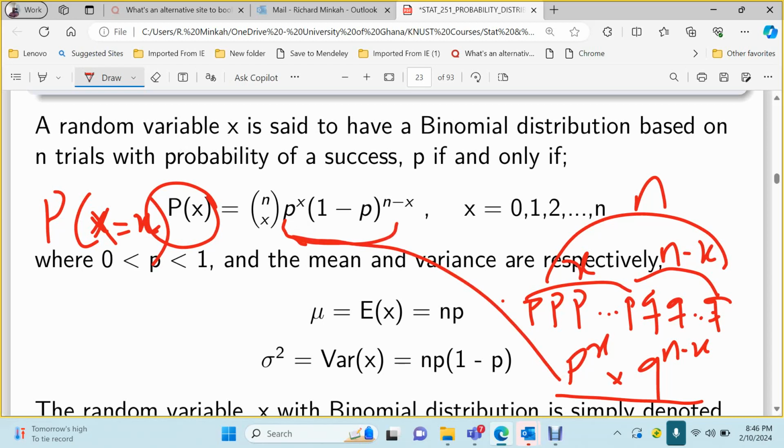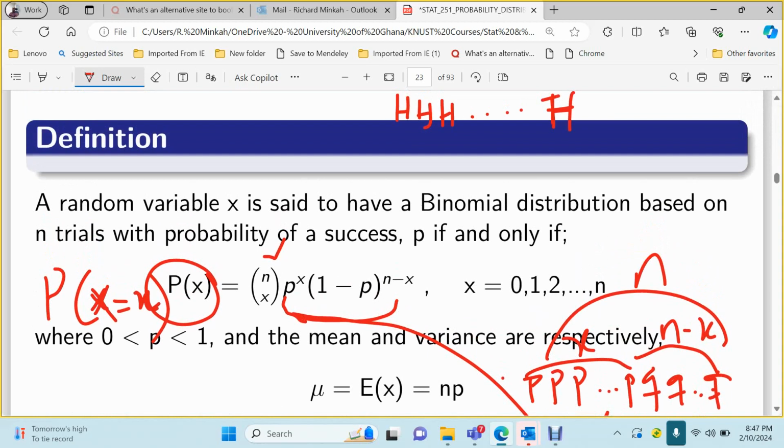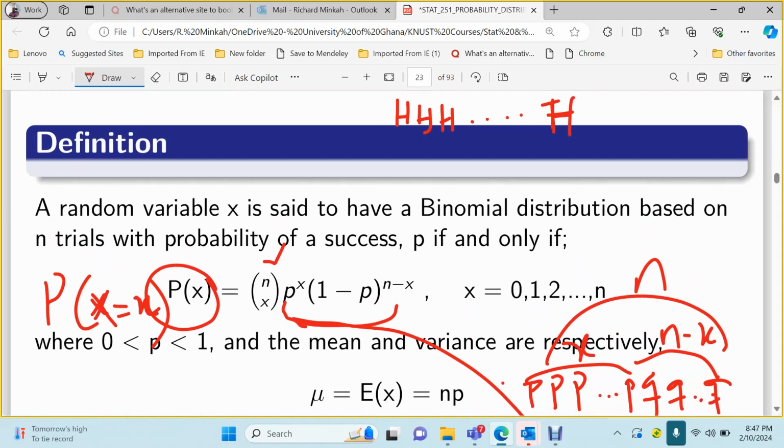Then someone will ask, what about this one, the N combination X? Well, if I throw the coin, it is possible that I'll get the tail happening first, or the tail in the middle, or the tail at the end, and so forth.